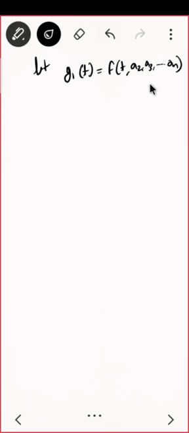What do you see in this function? In g1 of t, in the place of one coordinate I am putting t here. What do you mean by that?